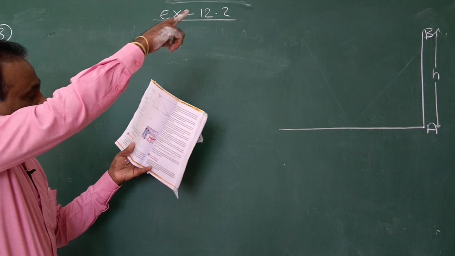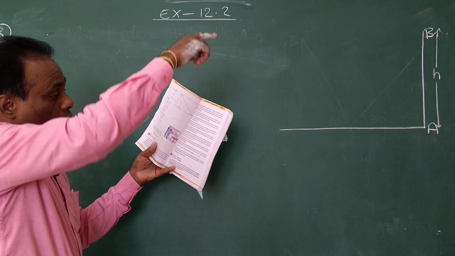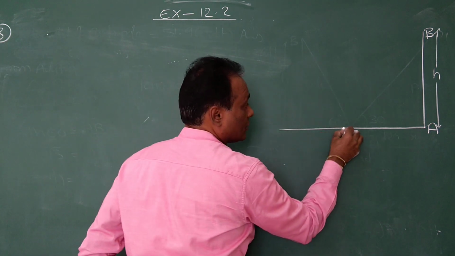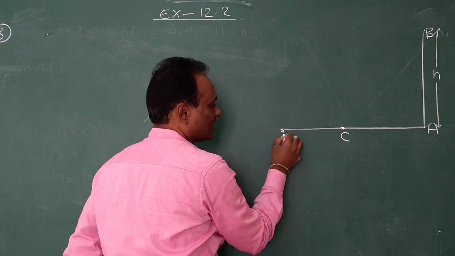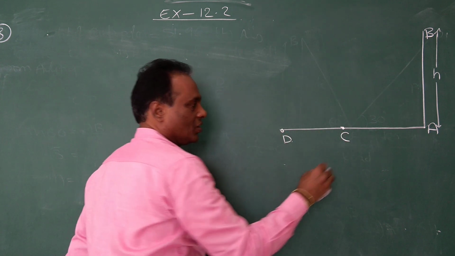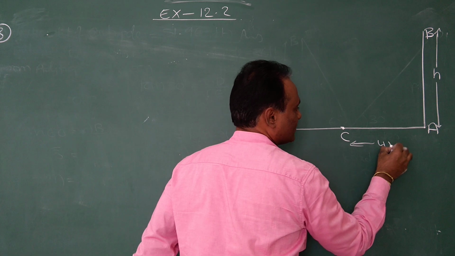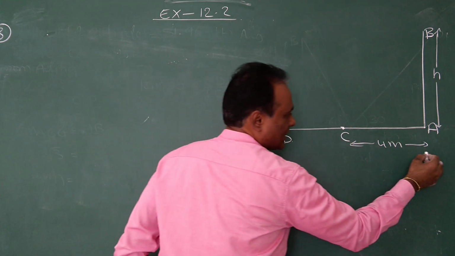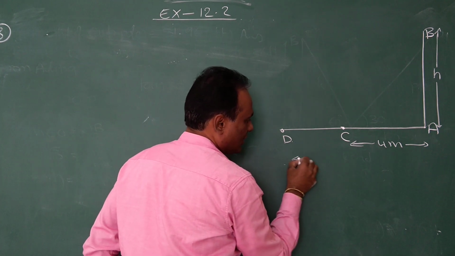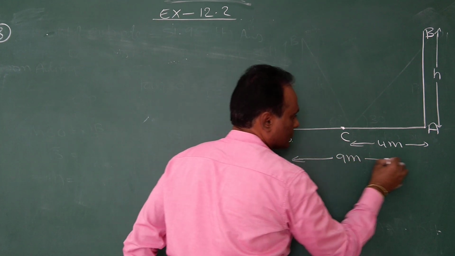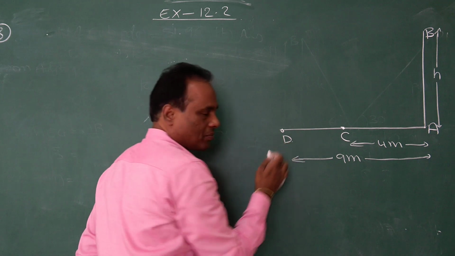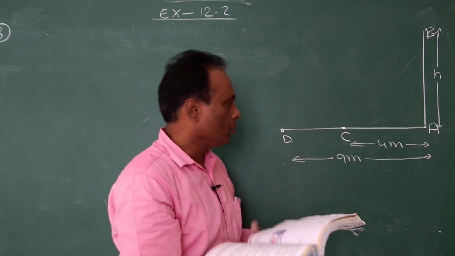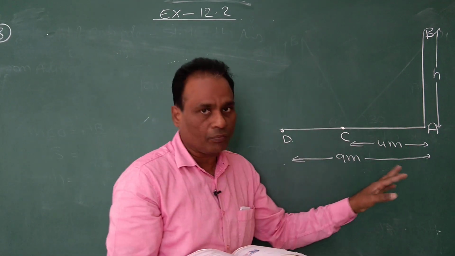So the angle of elevation of the tower from 2 points: one is at 4 meters and another is at 9 meters. Both the distances are measured from the pole.